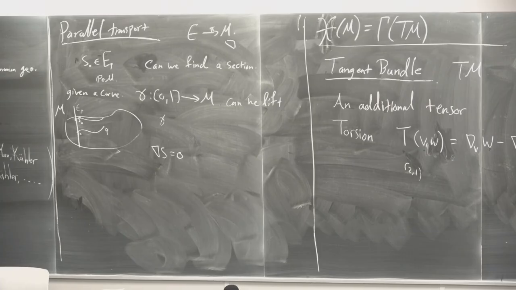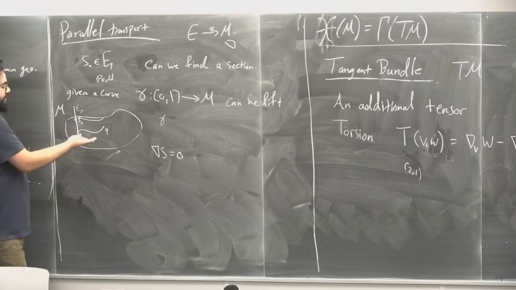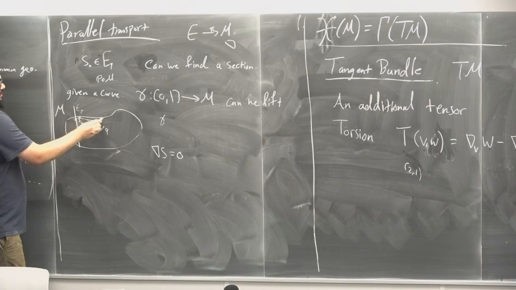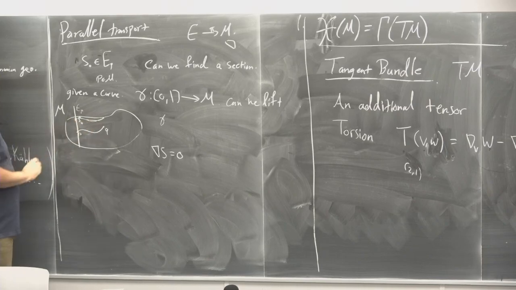So yeah, parallel transport is asking for a section. S will be the section that we're going to obtain, which is here. S naught is just a point in the fiber.